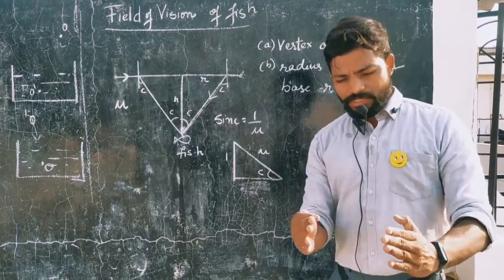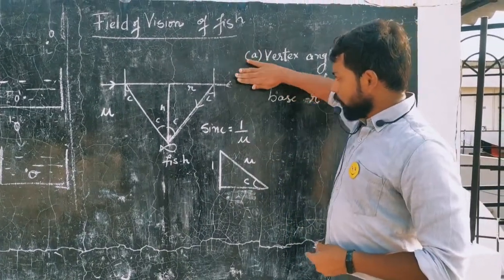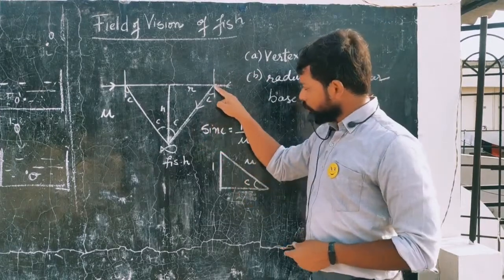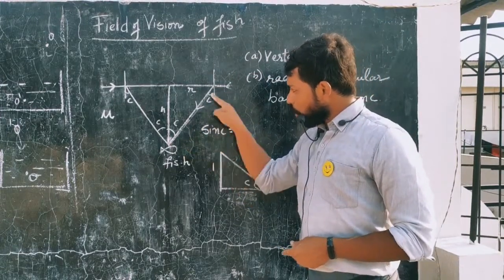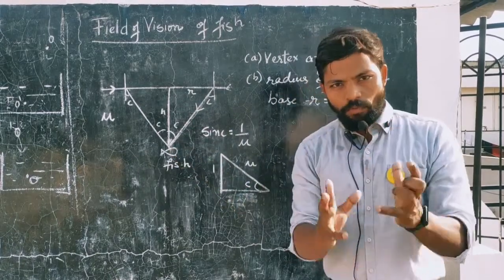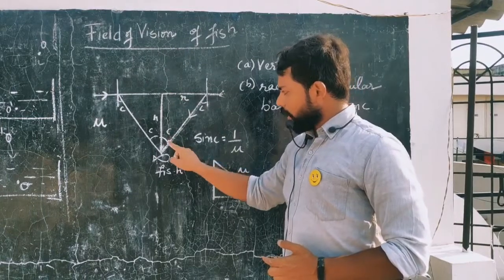So going with this fact, even the light which is coming along the interface will go along the critical angle and reach the fish. That means the fish can watch the entire world outside with an angle 2C.